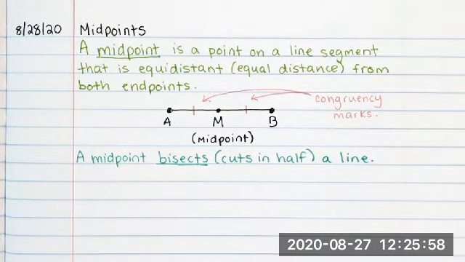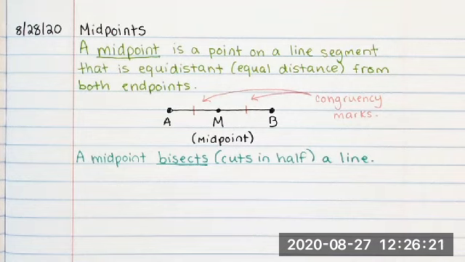So in the picture above, point M is bisecting line AB because it is cutting it exactly in half. So if you had a birthday cake and you cut it right down the middle in two perfect halves and you took one for yourself, you would have bisected the cake.